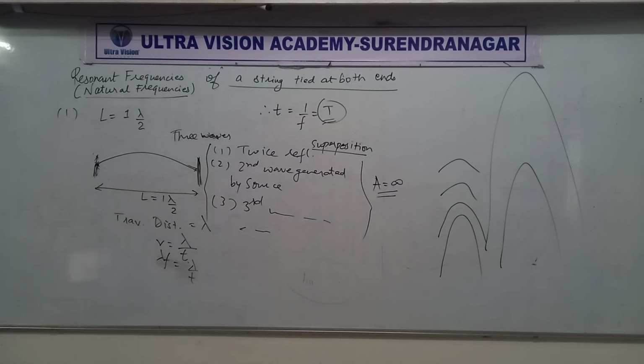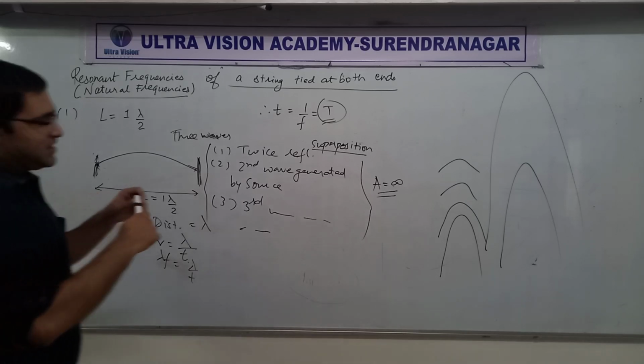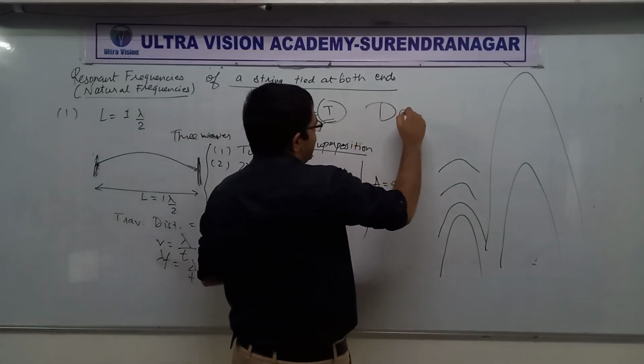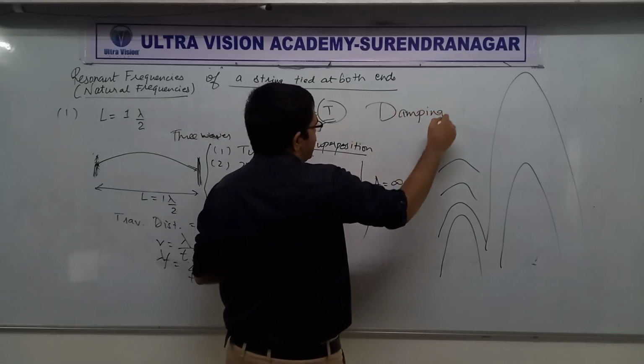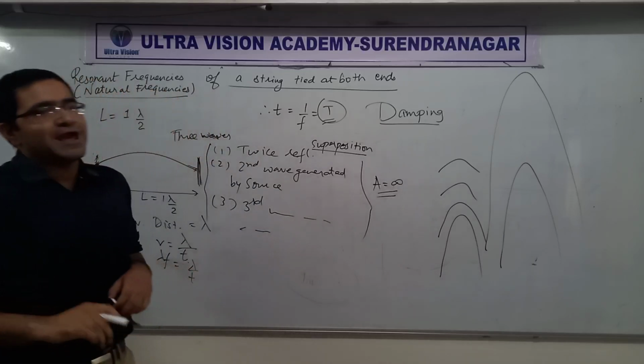Why will it break? Because the amplitude will keep increasing. Do you remember what I told you about resonance, everyone? That in resonance the amplitude will keep increasing, it will become infinite. Right? But there is a problematic factor. In reality, there is something called damping.